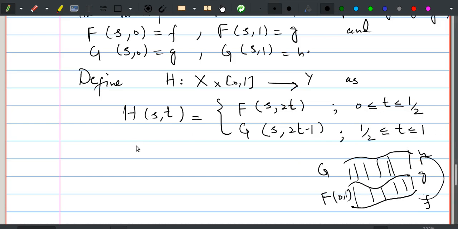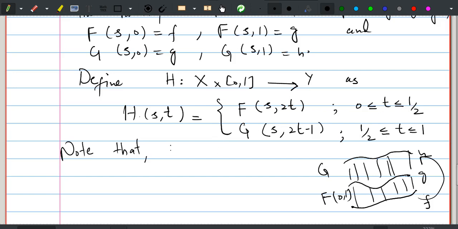Now note that F is continuous, G is continuous. To prove H is continuous, it suffices to prove H is continuous at the point half.